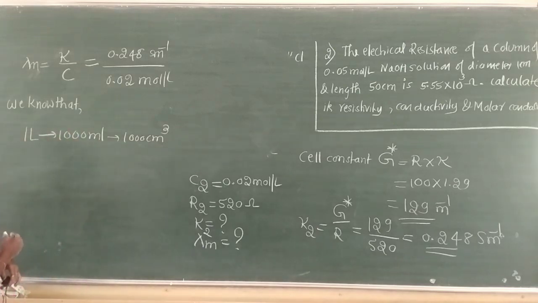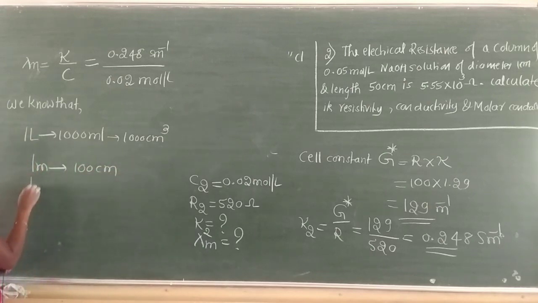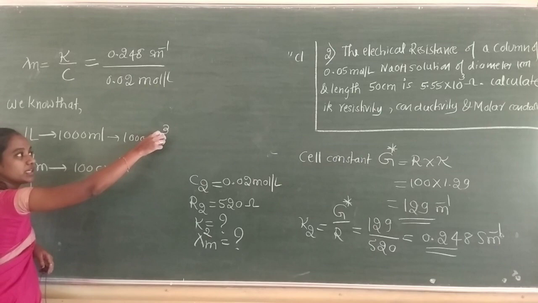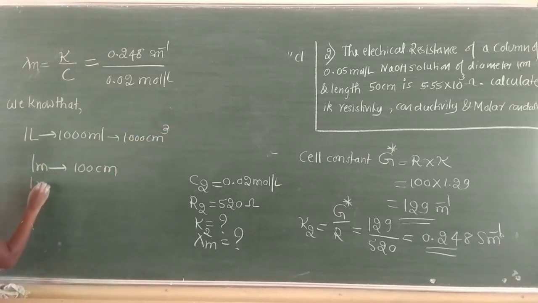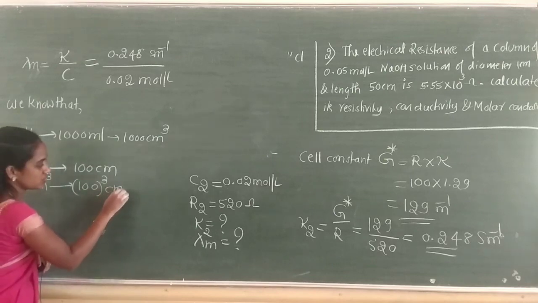Now 1 meter is equal to 100 centimeter. We need it in terms of centimeter to the power 3. So 1 meter cube is equal to 100 cm cubed.